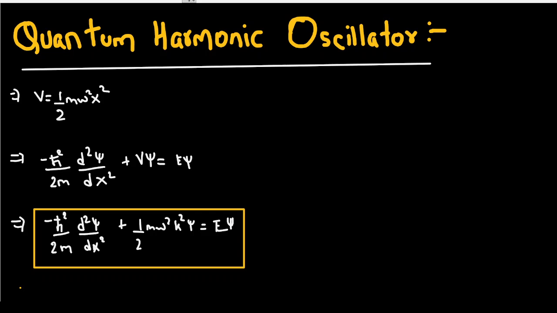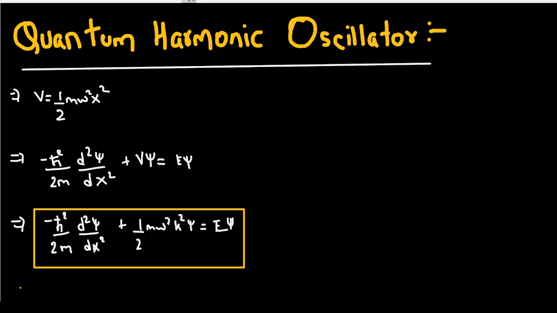There is also a second method, which is not algebraic, whereas the ladder operator method is algebraic, and maybe in the next videos we will discuss the second method for solving this harmonic oscillator. But now we are doing the ladder operator, the algebraic method.